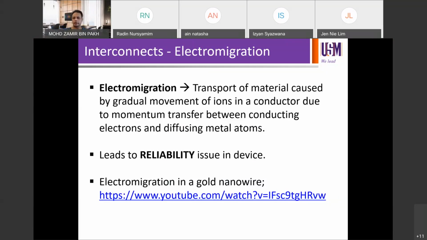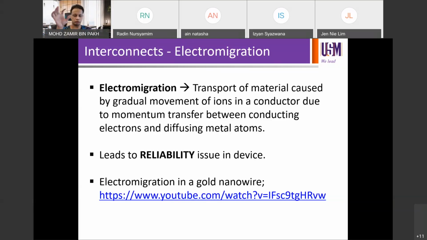So electromigration is one of the reliability issues that we have in IC fabrication. If you look at a wafer fab, for example, we normally have a fab support group which consists of many departments, including FA and reliability. FA is failure analysis, and reliability is another group, right?